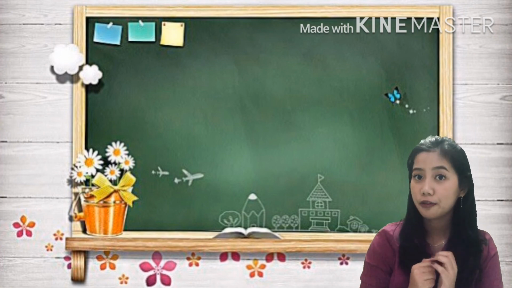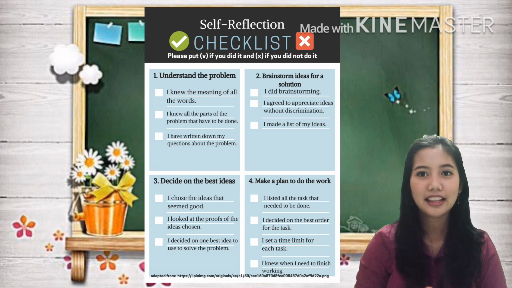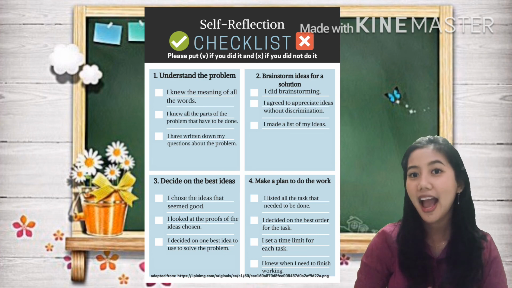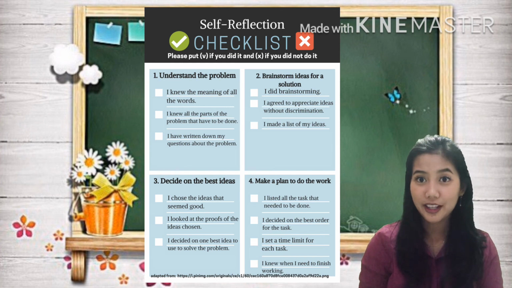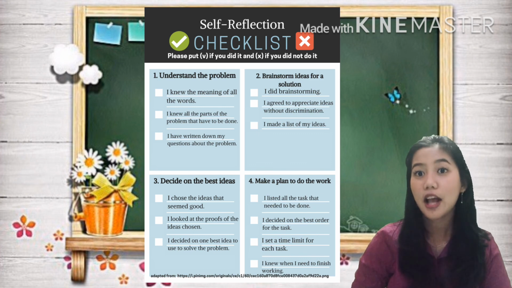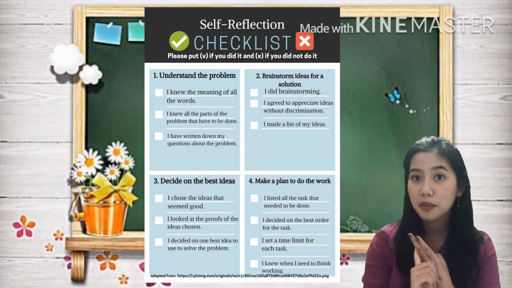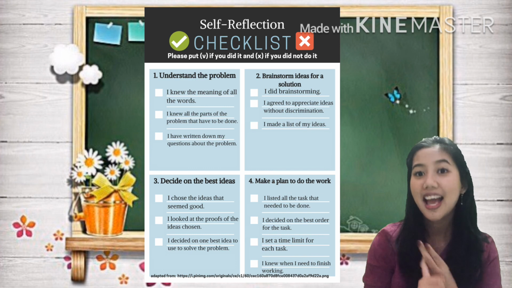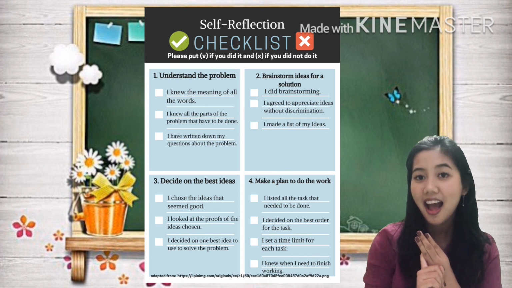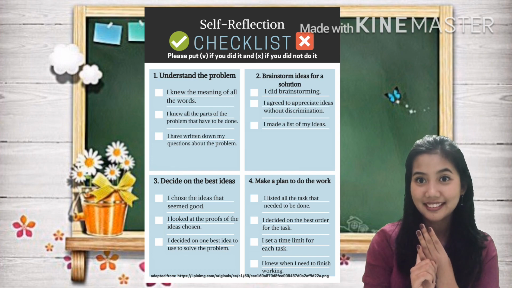Here, I provide a self-reflection checklist, meaning that you have to judge yourself as honestly as possible, because it will not be scored. You will know your weaknesses as well as your strengths in terms of understanding the problem, brainstorming ideas for a solution, deciding the best idea, and making a plan to do the work.